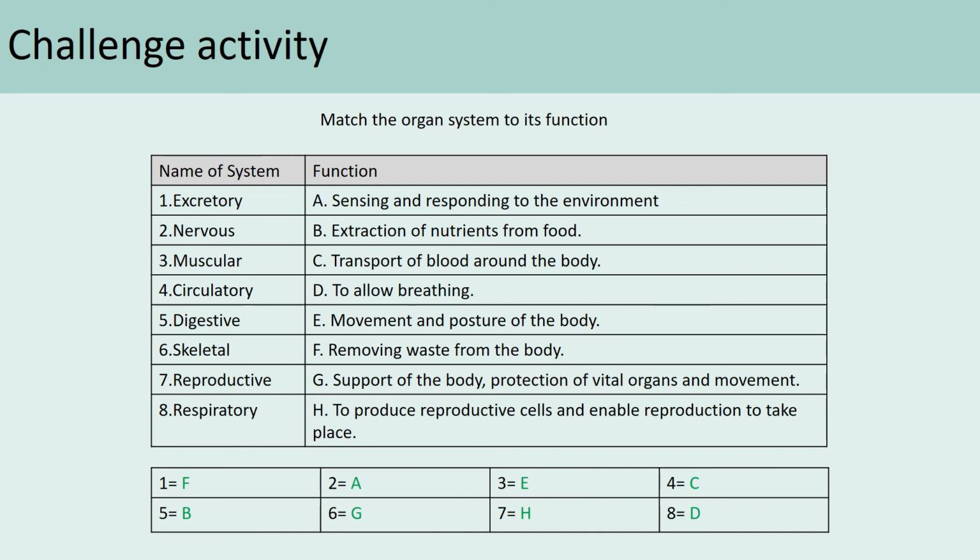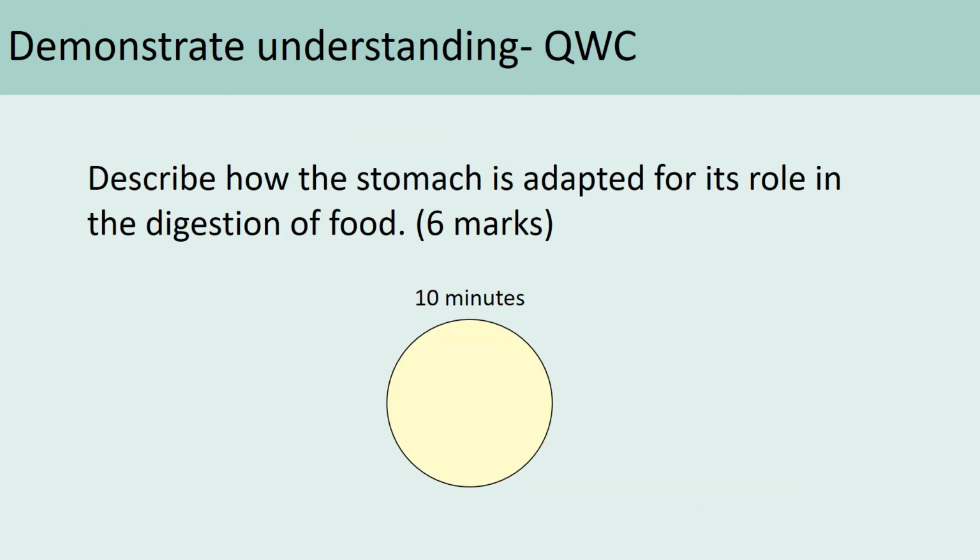So we will be finishing this lesson with one final question for you to have a go at. And it's a 6-marker. All of you will have to do 6-marker questions, as I'm sure you are aware, in the exams. So here's a good time for you to have a practice at doing this. The question is, describe how the stomach is adapted for its role in the digestion of food.